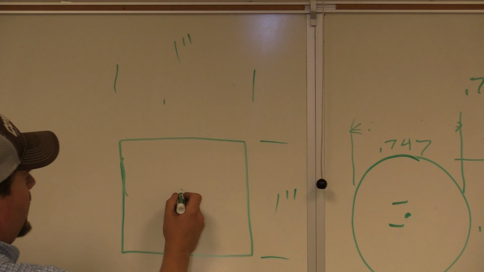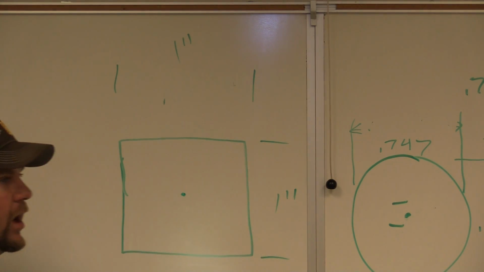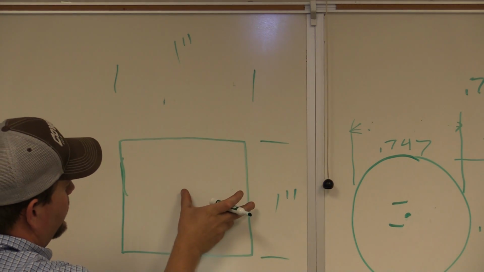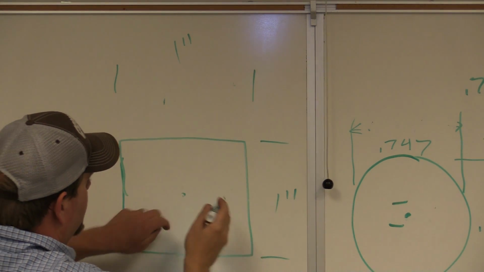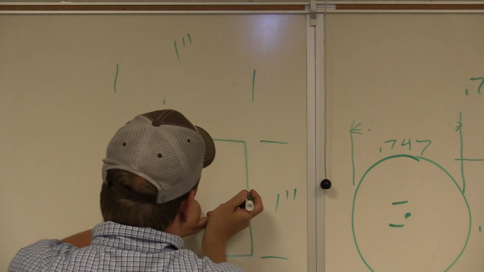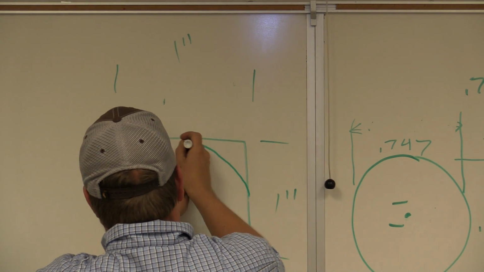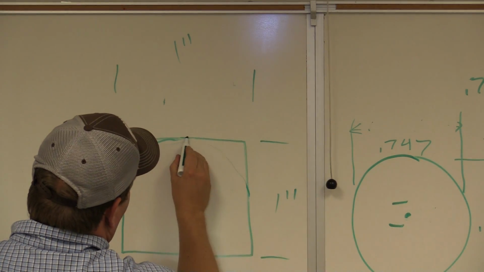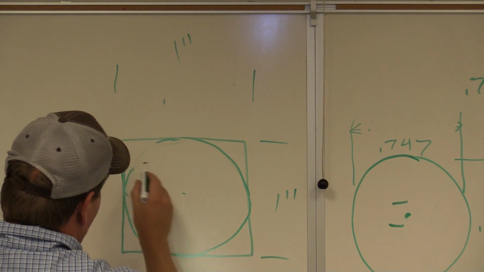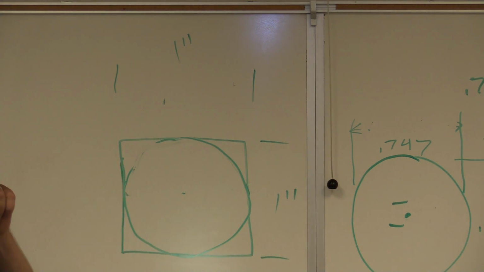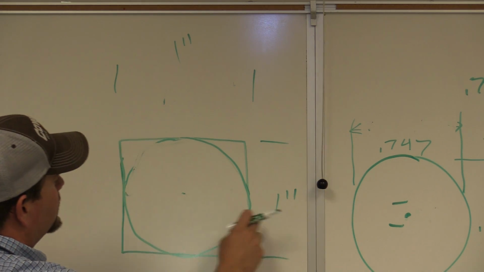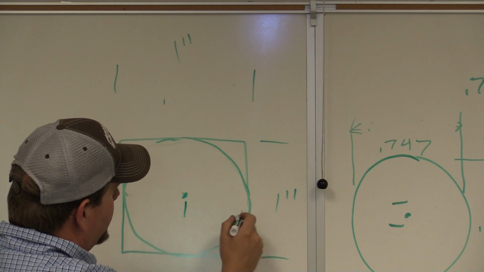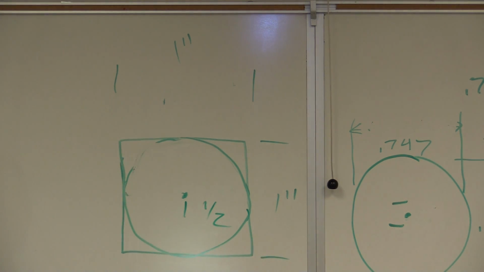So if we have a center point right here in the middle, and we took a radius off of it, from here to here, that would be your 1 inch tolerance. So you'd be doing a 1/2 inch radius. Here to here is 1/2 inch. But that's not what it's saying.